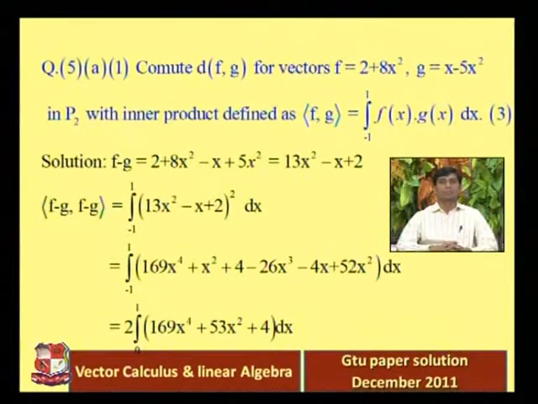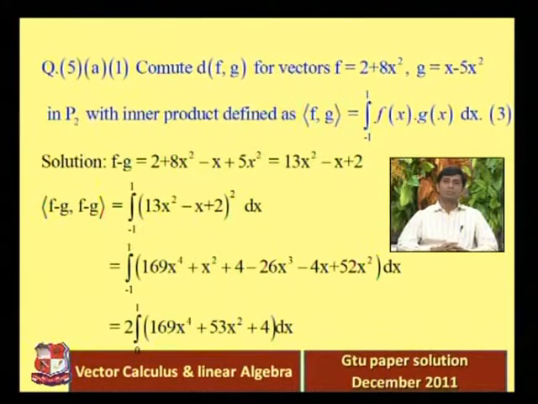plus minus x square, that is plus x square, plus 2 square, that is 4, plus 2ab, so that is plus 2 into 13x square into minus x, so that is exactly minus 26x cube. If you can understand, it's quite easy, 2 into minus x into 13x square, so that is minus 26x cube.